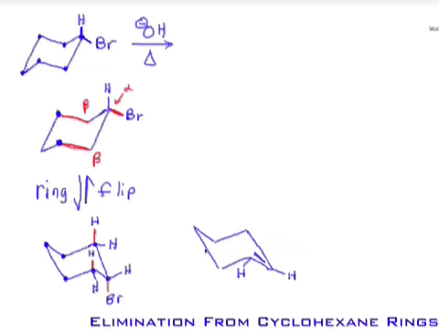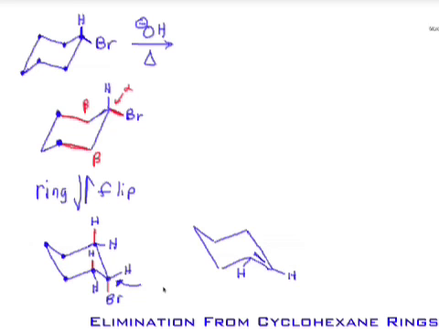Now, you say, well, can't the double bond form on the other side? Well, let me ask you, is this carbon chiral? To be chiral, we must have four different groups. We have a bromine and an H. We have a CH2, CH2 here, CH2, CH2, and it's tied up to this pointy end here, the CH2. It's identical all the way back. Because it's identical all the way back, these two groups are identical.